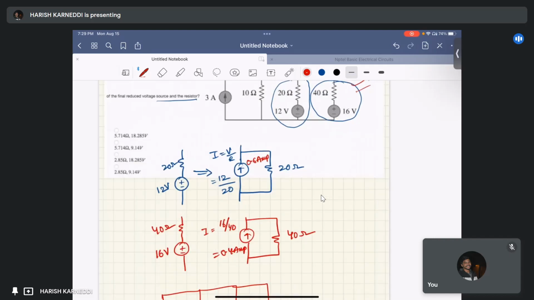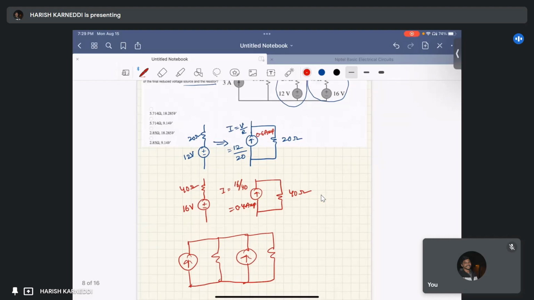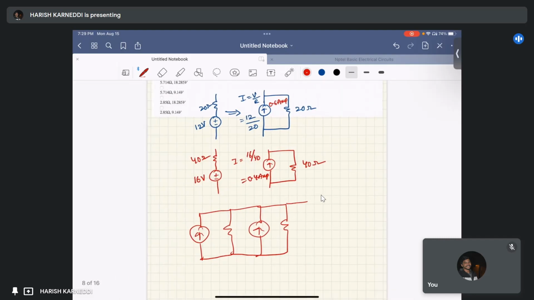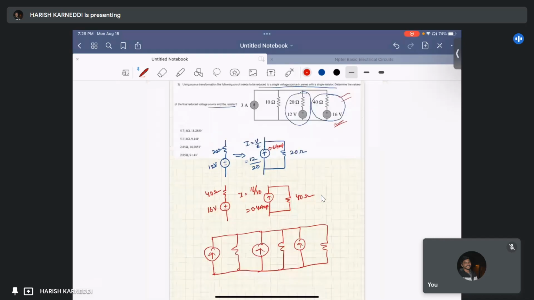Instead of the second arm, I am just redrawing a current source in parallel with the resistance, and instead of the third arm, that is 40 ohm in series with the 16 volts, I am just redrawing a current source in parallel with the resistance. The first one is directly the previous one, that is 3 amperes and 10 ohm.